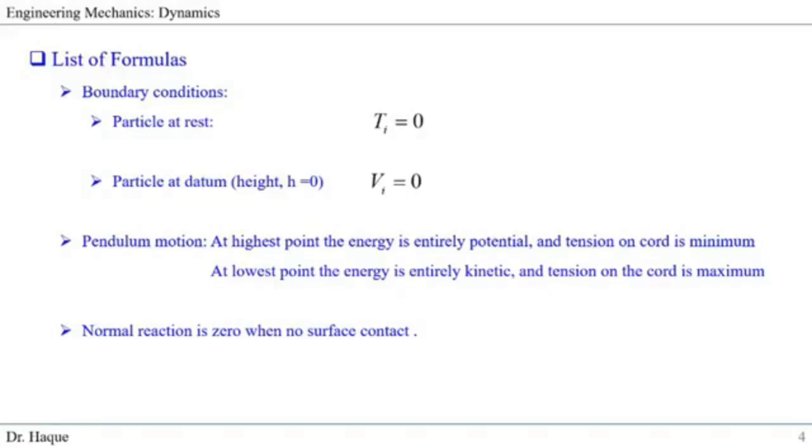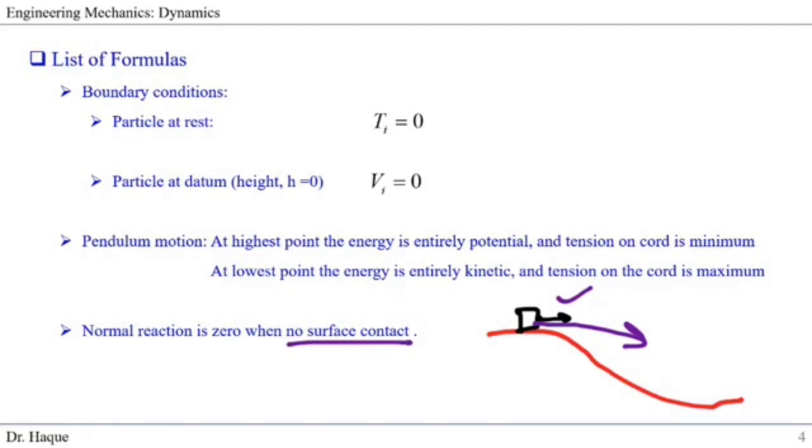Another concept that we need to understand is that the normal reaction is 0 when there is no surface contact. For example, if you have a path and a car moving in this direction, and it is about to fly off the track, then at the moment of fly-off there is no contact with the surface or the ground.